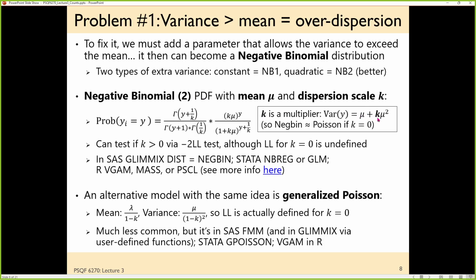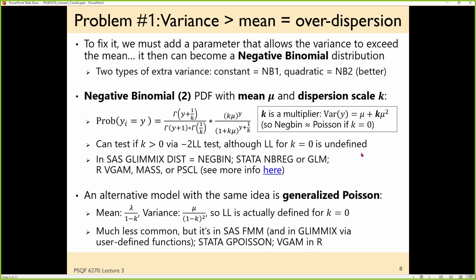And then it adds this thing that I'm calling K, to be consistent with a lot of the literature I've seen. K is a multiplier of the mean squared, so it allows extra variance as a function of the mean squared. It's a multiplier that gets estimated. If K is 0, then the second part drops out, and the first part is just what's given by Poisson.